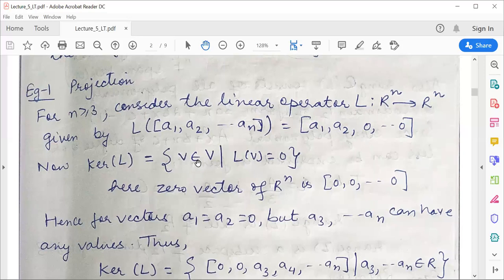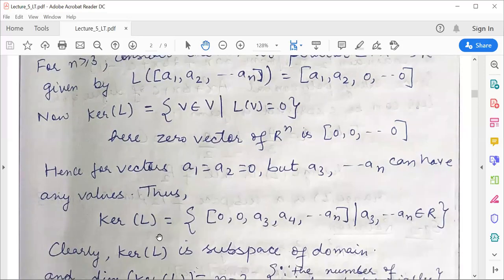So to find the vectors of V which are mapping to 0 vectors, the only condition is a1, a2 equal to 0. That means the kernel of L will consist of all those vectors where a1 and a2 are 0 and a3 to an can have any value, because as the transformation is defined, a3 to an are automatically going to 0.